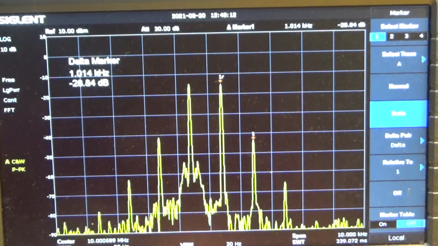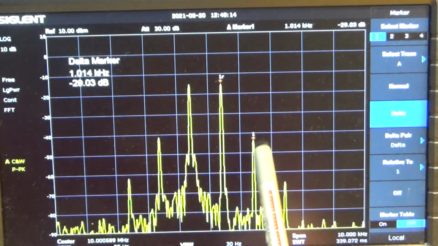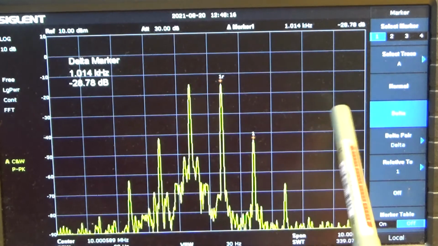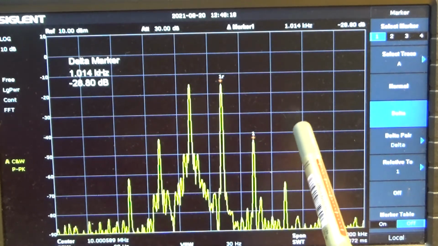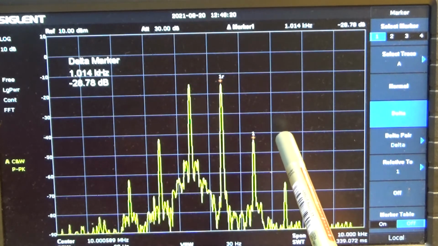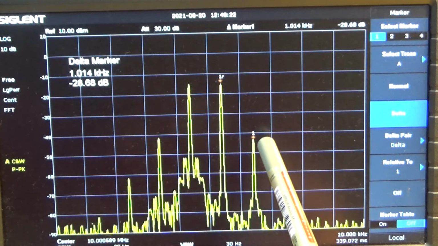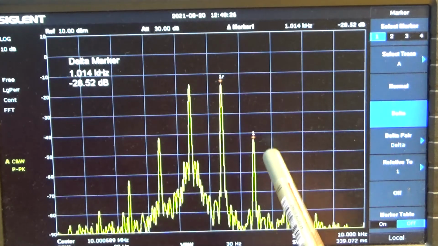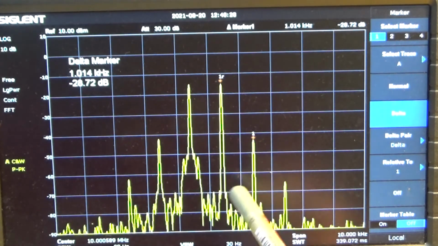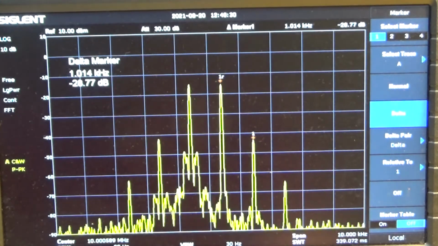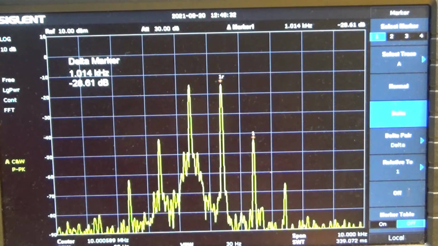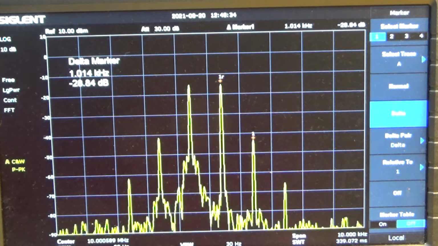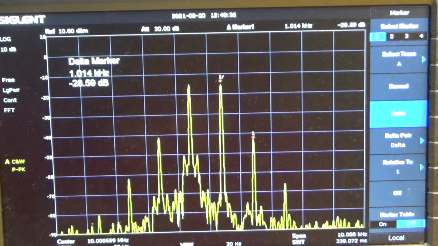So from these spurious signals, originally being down at minus 42 dBs down on the fundamental, with a lot lower current draw, they're now only minus 28 dBs down.